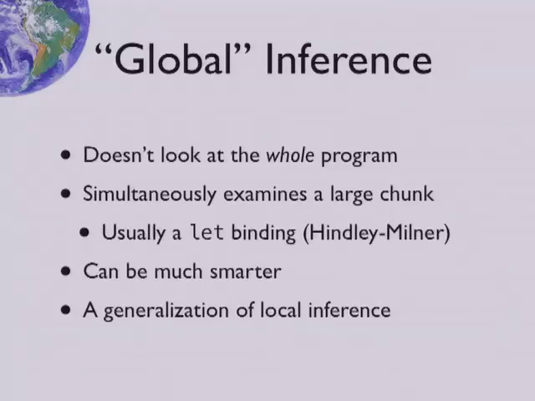So it looks at one function at a time, and it's going to use all of the information in that function to figure out all of the types there, stamp them on, and then move on to the next function. So it's sort of the same principle as local inference. We're just looking at more information all at the same time. So let's see how global inference handles our factorial example.